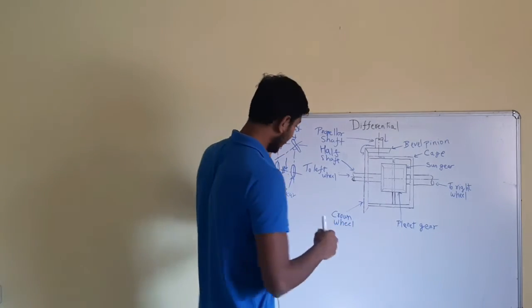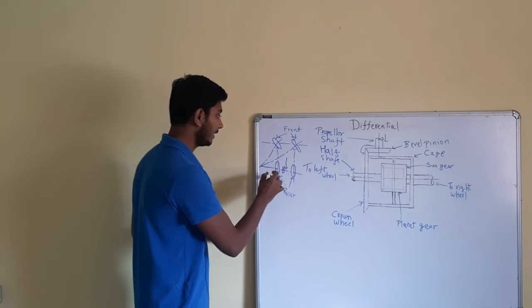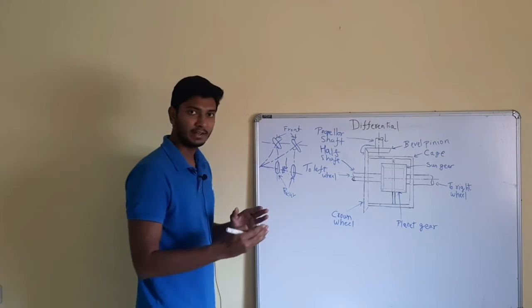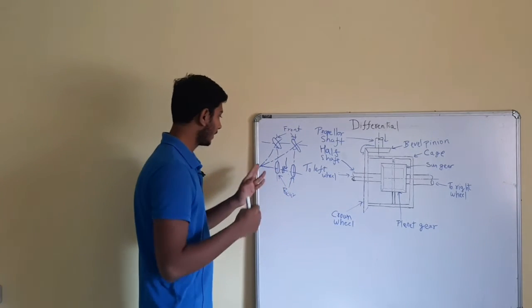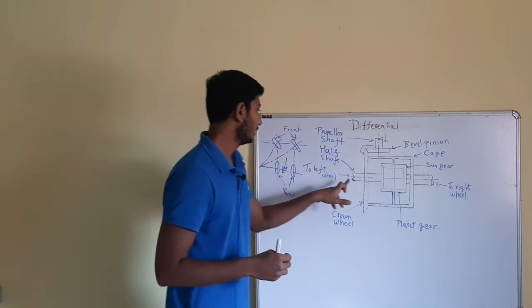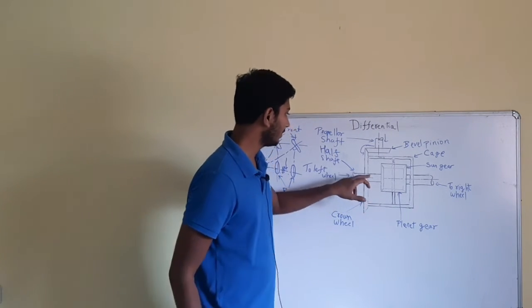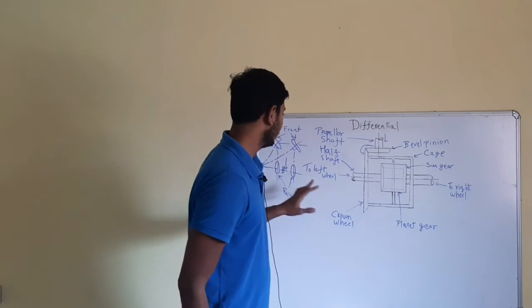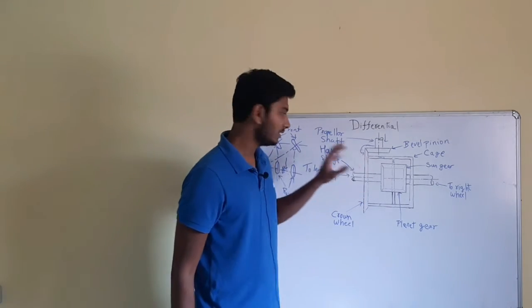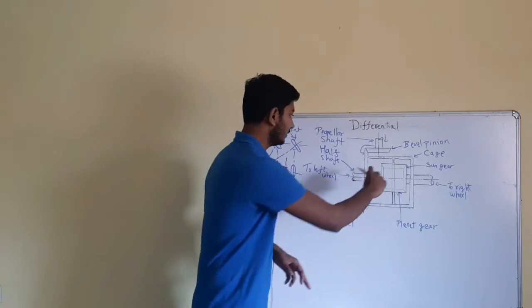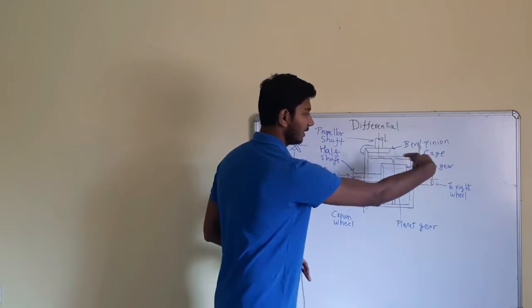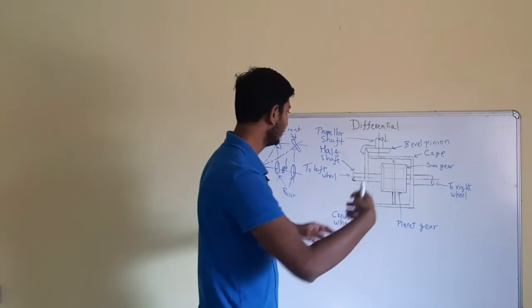Now we see this case, where the vehicle is turning towards the left, then the left wheel should lock. Let's assume that this wheel locks. If this wheel locks, then the other should rotate at a higher speed.